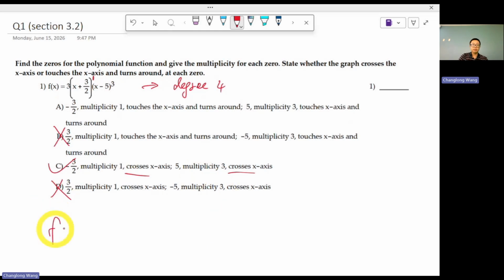Things are different if you have, say, 3x to the third minus 4x squared minus 1. Do you see that 3x cubed, 4x squared, and 1 are not factors anymore? They're known as terms.